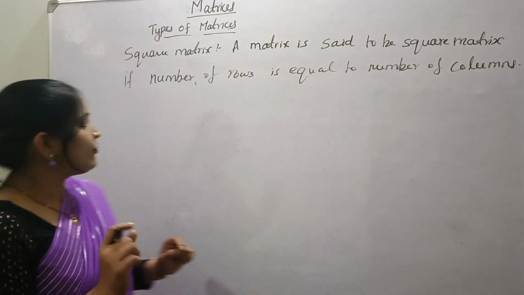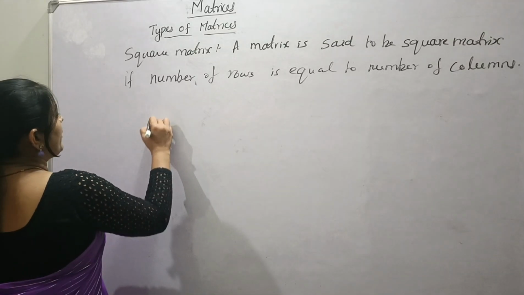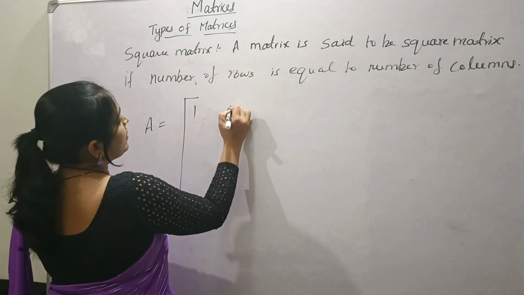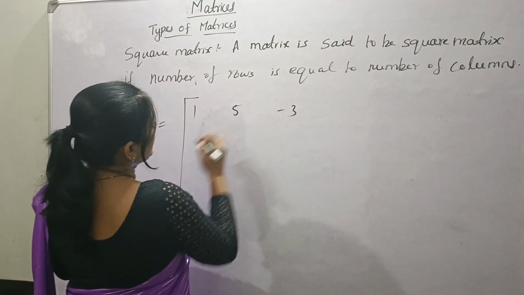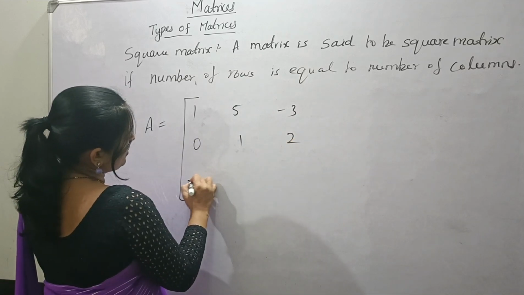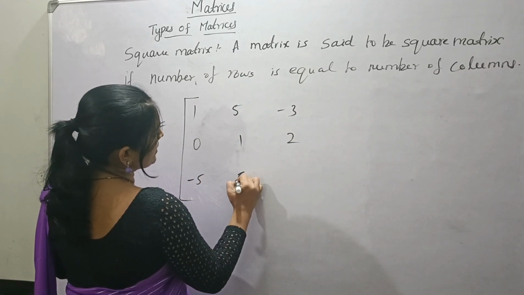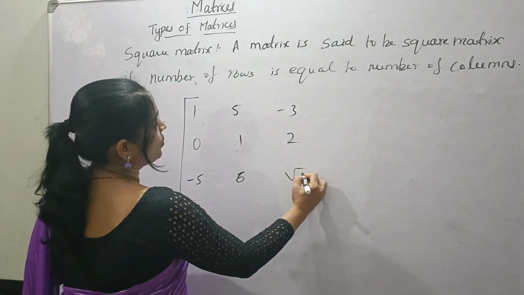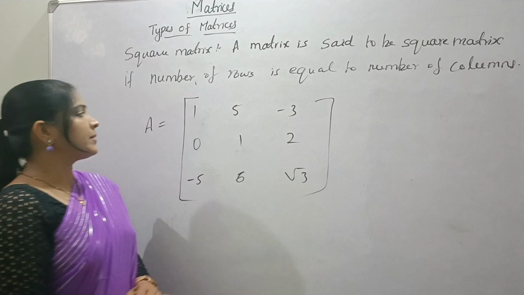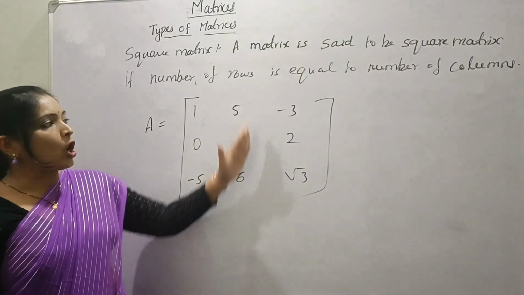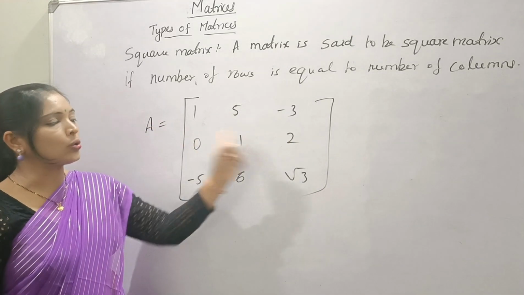For example, matrix A is equal to 1, 5, minus 3, 0, 1, 2, minus 5, 6, root 3. See here, matrix A has 3 columns, okay, 3 rows.